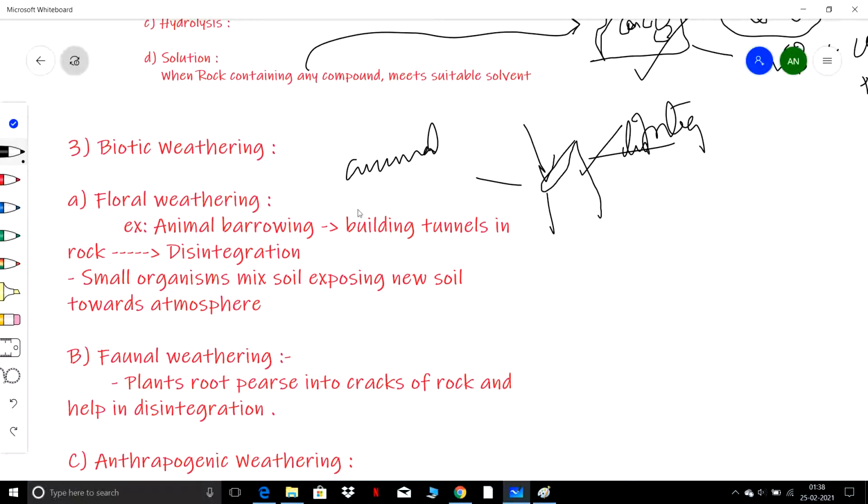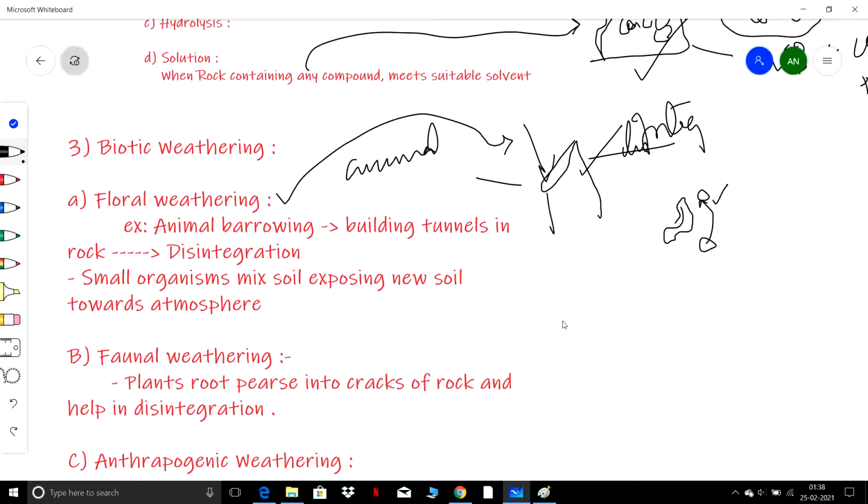So animals also help in the disintegration, that is weathering. Small organisms, suppose earthworms. When a smaller aspect is considered, earthworms will move the fresh soil towards the top, exposing it to the atmosphere. This will also be its contribution towards weathering.